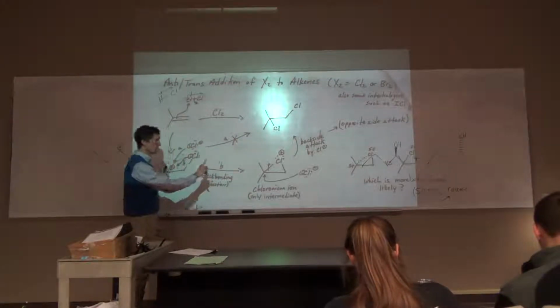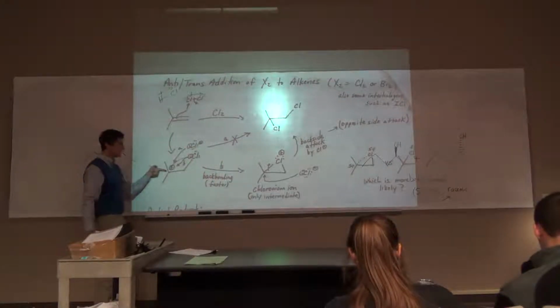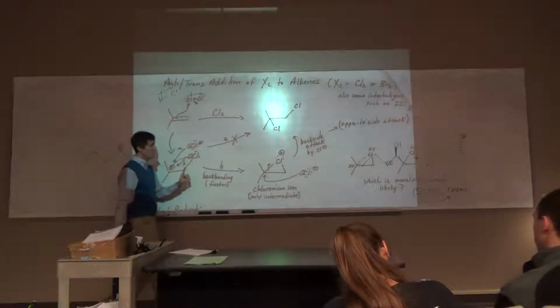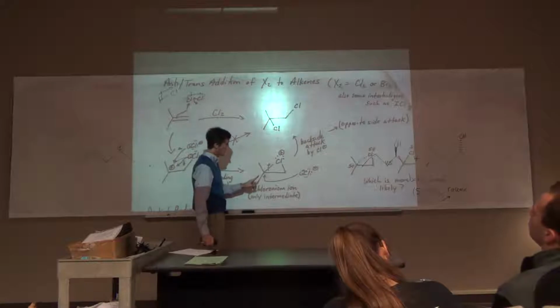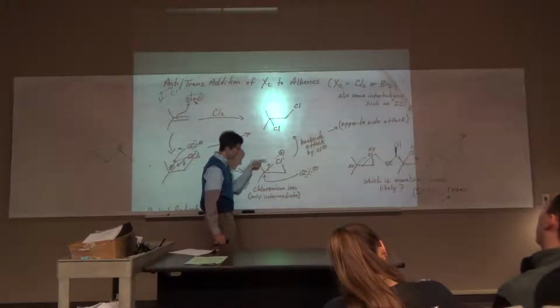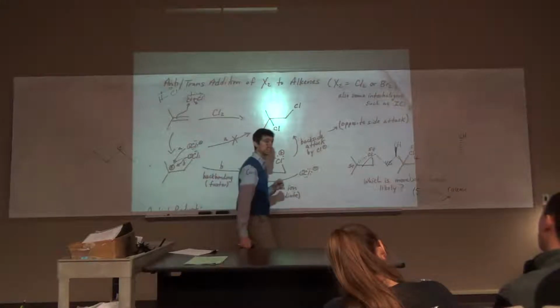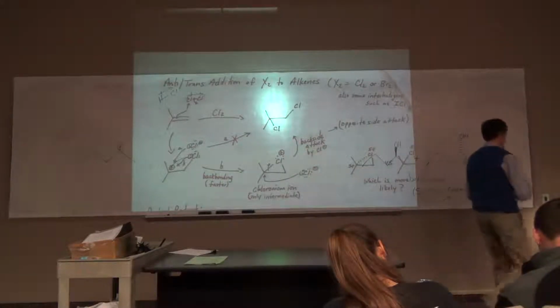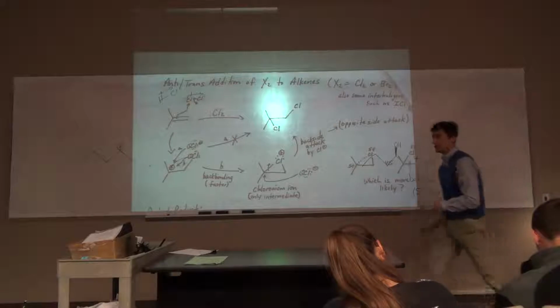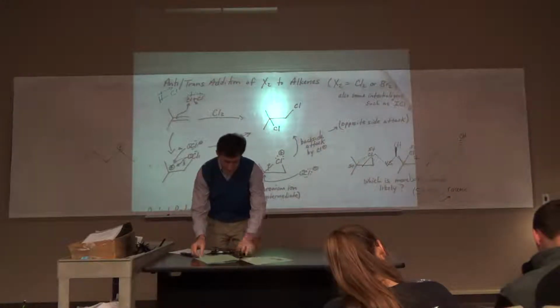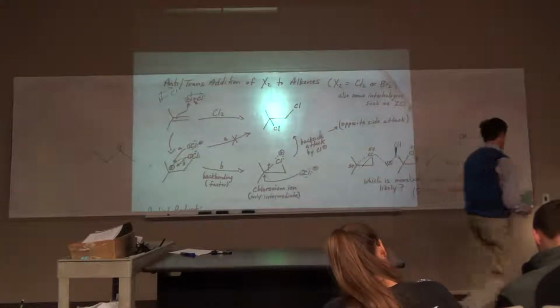Now you should all be familiar with these 2 attacks. You can either attack a carbocation, and that's what we've done before in all of our reactions. But here, we're attacking a carbon and kicking off a leaving group. Okay? And so this was all covered over here on the green sheet.